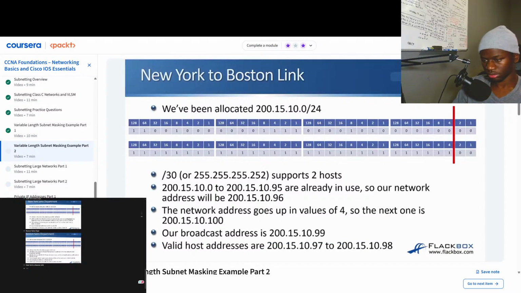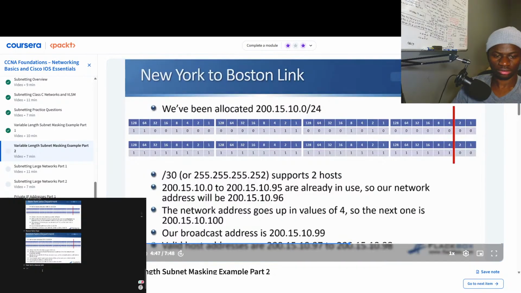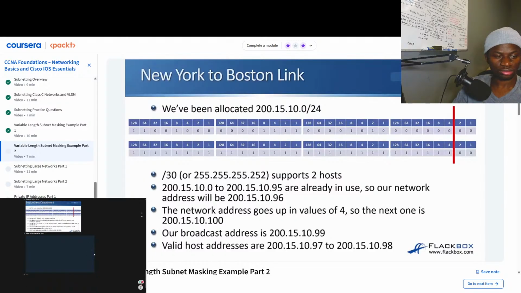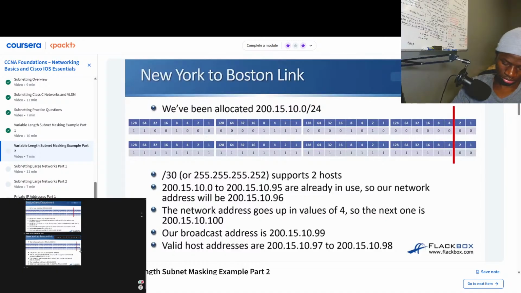If you look at the line, it's after the 4, so the network address is going to go up in increments of 4. So the next network address would be 200.15.10.100. 1 less than that gives us our broadcast of 200.15.10.99, which leaves the host addresses to be .97 and .98.